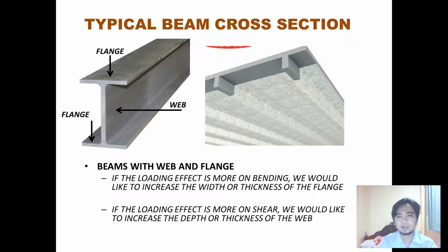So meaning the slab now is a part of the beam, and the cross section will become a T-beam. So we will have a notation here. If the loading effect is more on bending, we would like to increase the width or thickness of the flange. And if the loading effect is more on shear, we would like to increase the depth or thickness of the web.